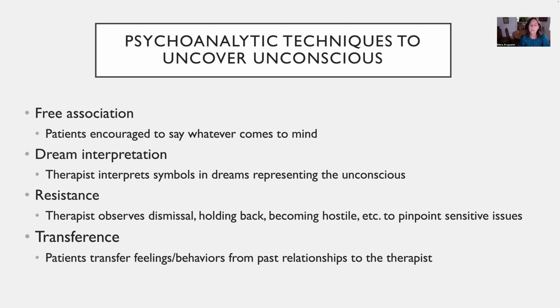Okay, finally, transference. Patients will transfer feelings and behaviors from past relationships to the therapist. And so, for example, if a patient becomes, let's say, sexually attracted to their therapist, that may, and I know this is, again, crazy, be interpreted as sexual attraction toward the opposite sex parent that occurred early in life.